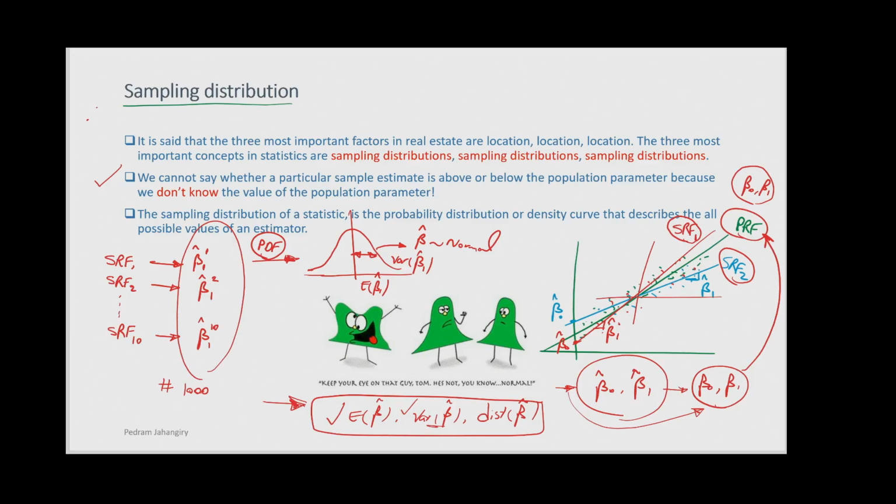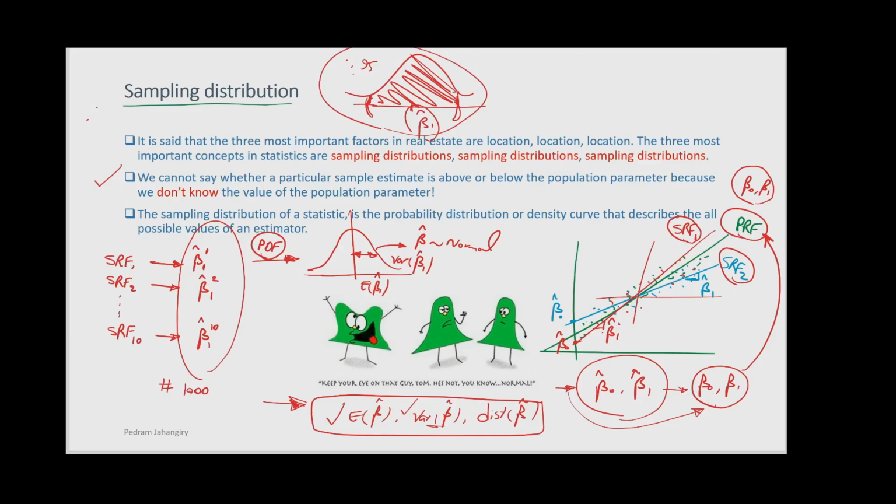Because if I have a distribution of some random variable, then I can make confidence intervals. I can say, let's say with 95% probability, this interval is going to contain your beta hat 1 or beta hat 0. For hypothesis analysis, we do need to rely on the distribution for our estimator.